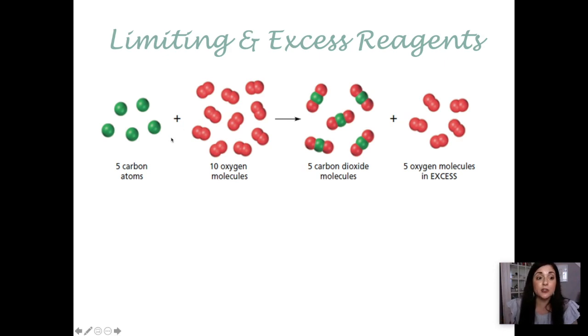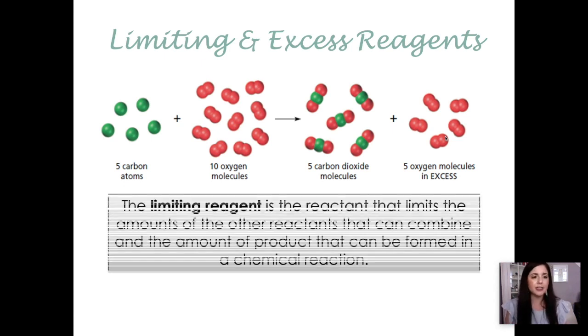And that's because your 5 carbon atoms react completely with only 5 oxygen molecules. So that means that you have 5 molecules that are present in excess. There's too much of it there. There's extra oxygen left over, whereas the carbon was used up entirely. And that's the whole premise behind limiting and excess reagents.